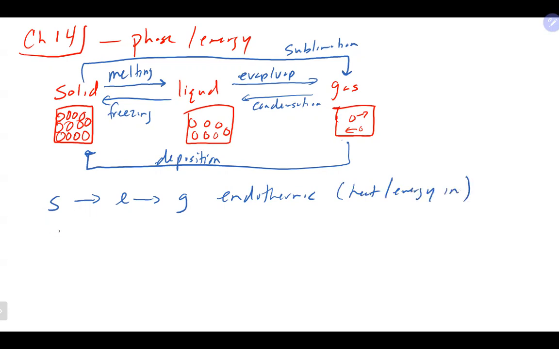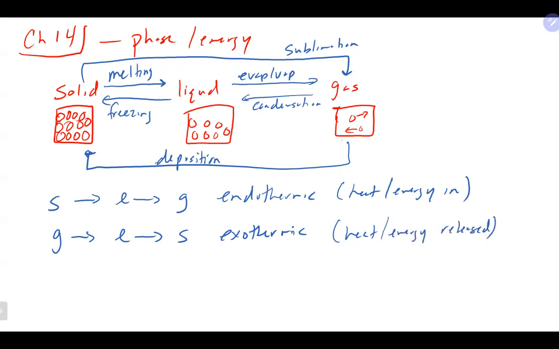As you go from gas to liquid to solid, those are all exothermic processes where heat and energy need to be released. A reminder that when we talk about endothermic and exothermic and energy, typically endothermic values are positive values, right?